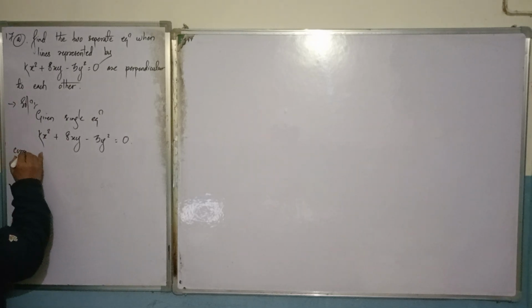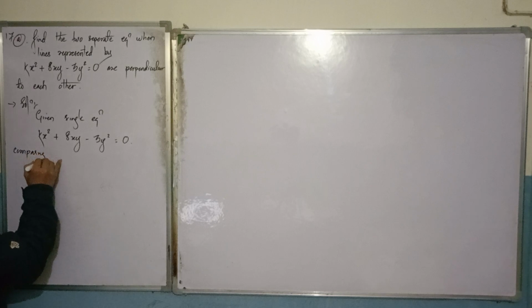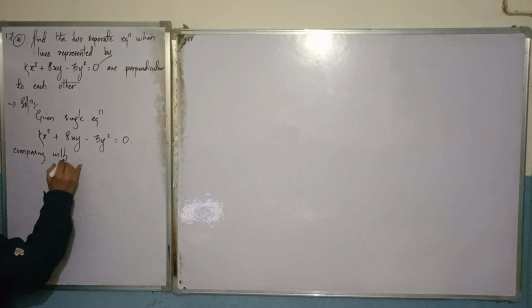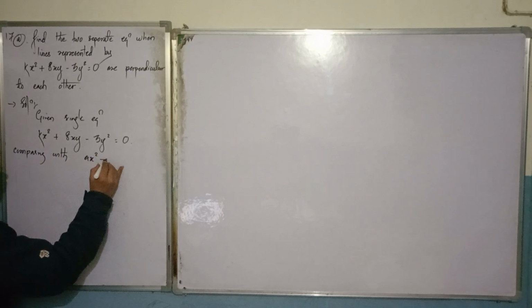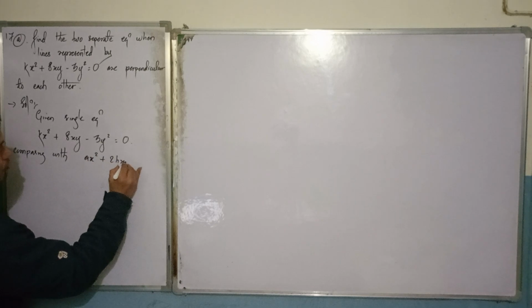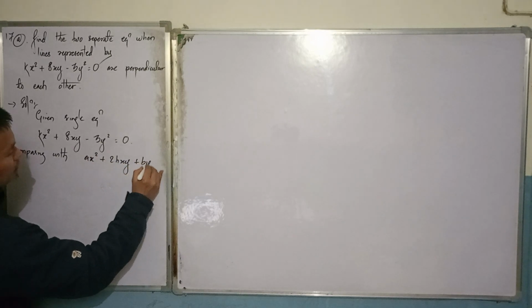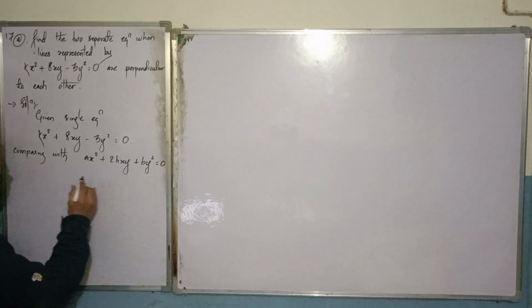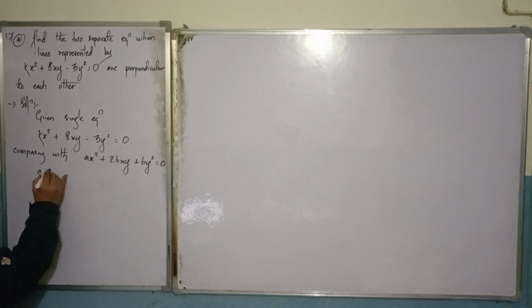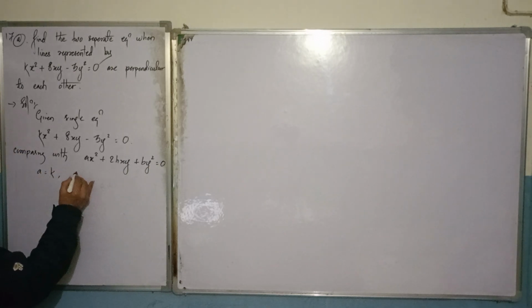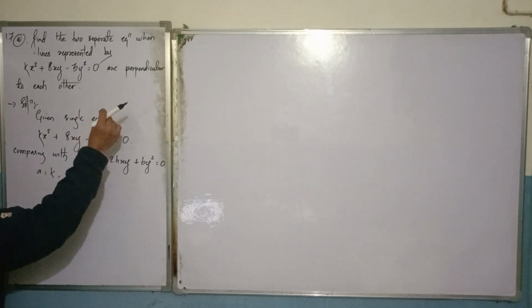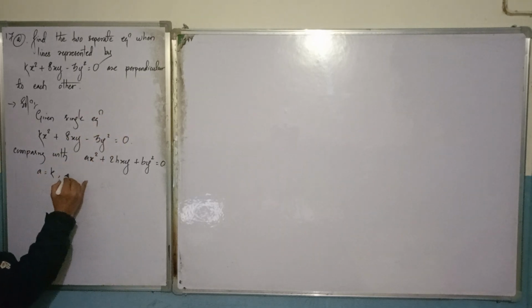Comparing with ax squared plus 2hxy plus by squared equals 0, you get the value of a as k. For perpendicular lines, you only need the values of a and b.